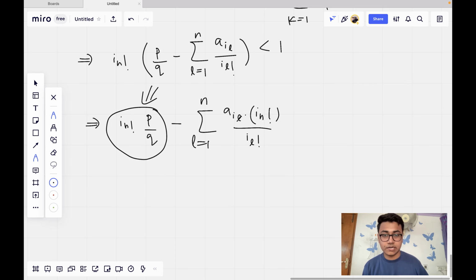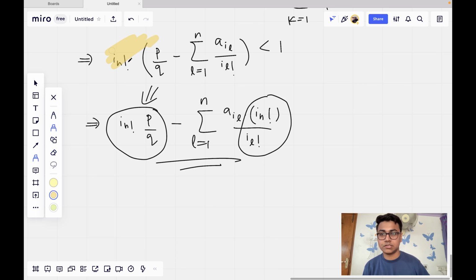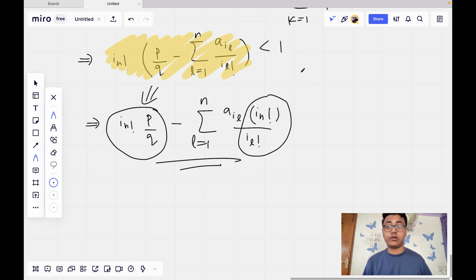Since l is less than or equal to n, this term is also a positive integer. So this whole LHS is a positive integer which is less than 1, but there do not exist any positive integers less than 1, and that is a contradiction.